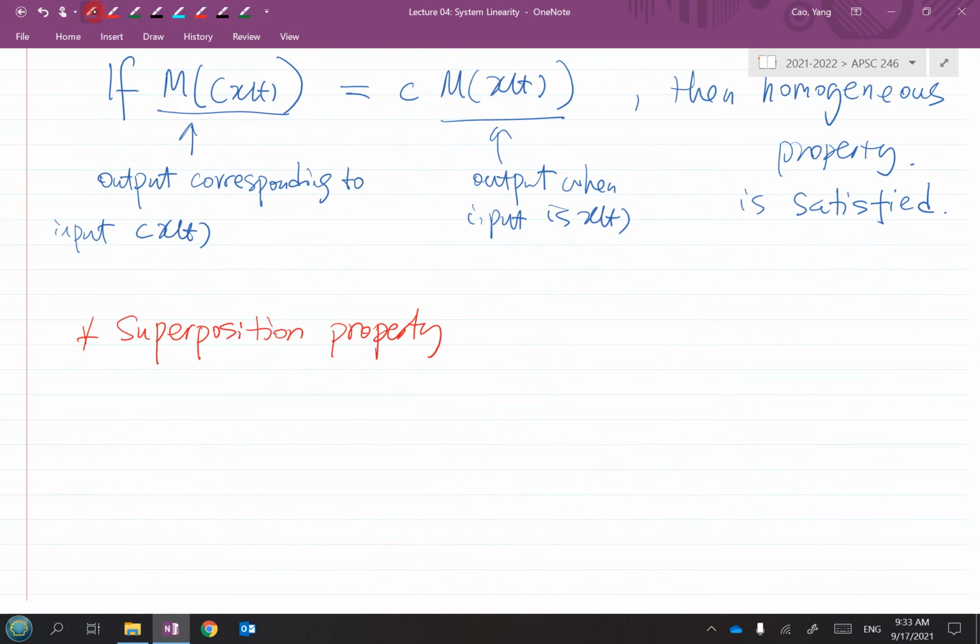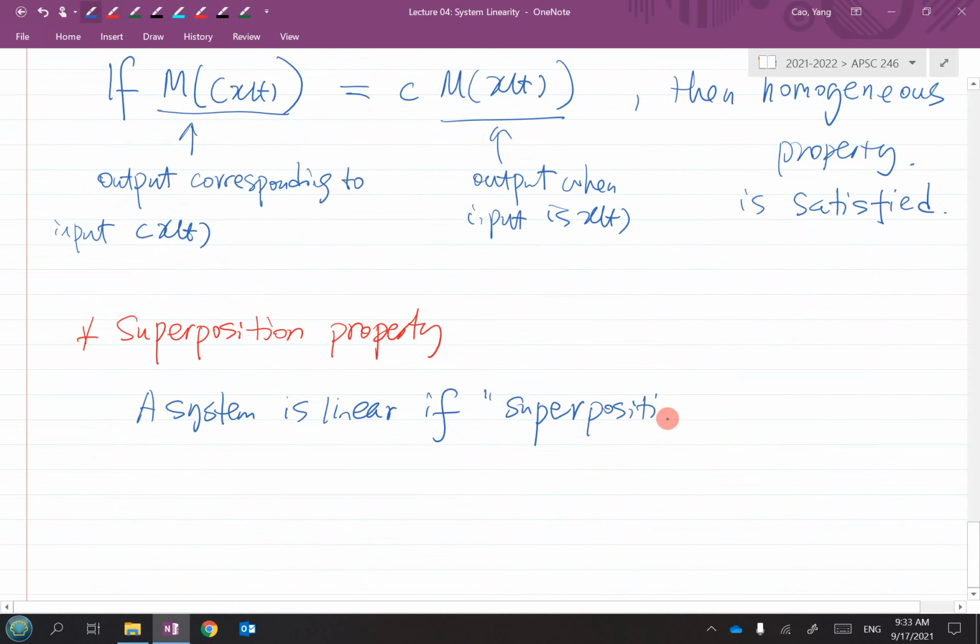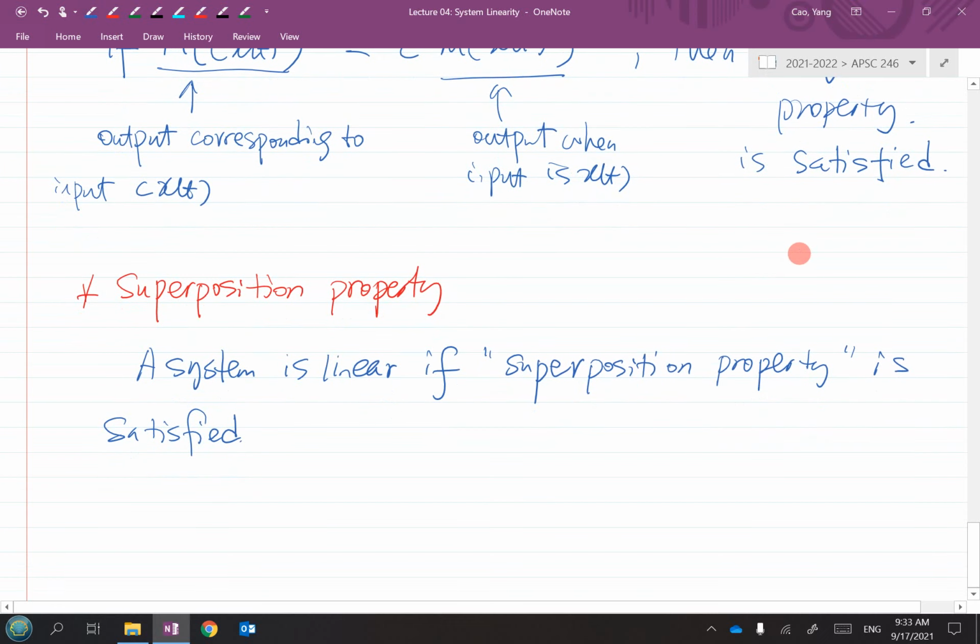The idea is a system is linear if the superposition property is satisfied. It looks much simpler, right? Instead of checking two properties, now you just have to check one property. Here is the writing of a superposition property.